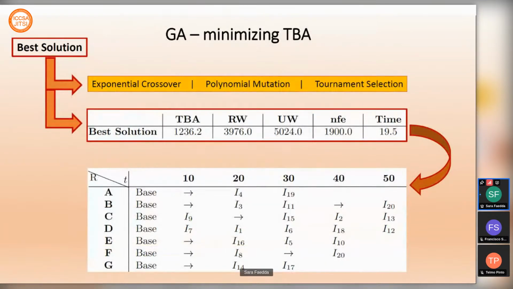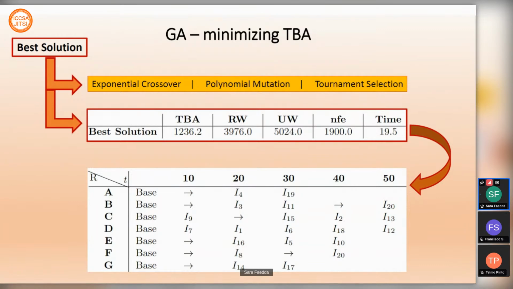This is the best solution obtained with the most suitable operators. So here are the values of the best solution, and here is, for each resource, at which time it will go to each ignition. So, for instance, resource A is first at the base, then at instant 10 it is traveling to ignition 4.